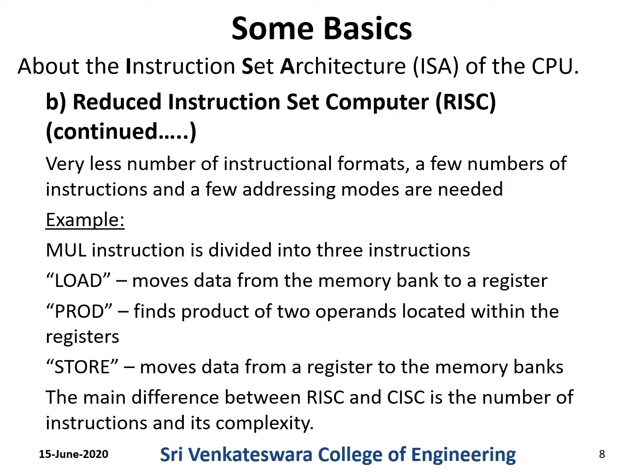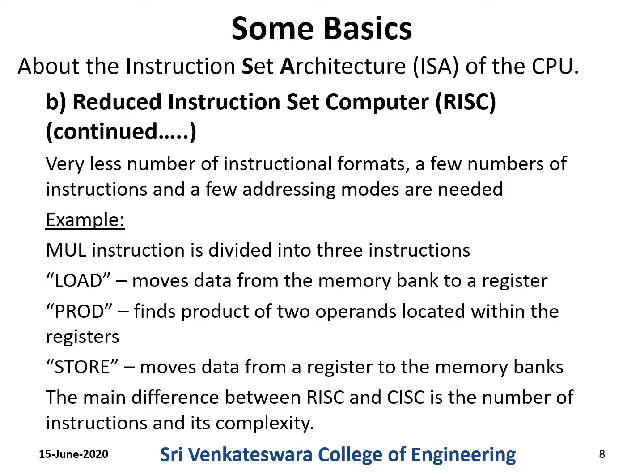In summary, RISC CPUs have less number of instructions, and these instructions have less instructional formats and few types of addressing modes. To highlight the difference between RISC and CISC processors, let us once again consider the MUL instruction which was used in CISC CPU. In a RISC CPU, the same multiplication operation can be achieved by making use of three instructions: load, product, and store.